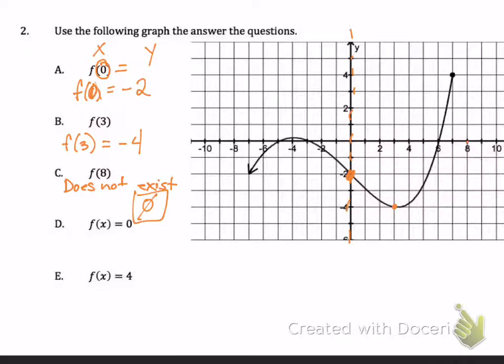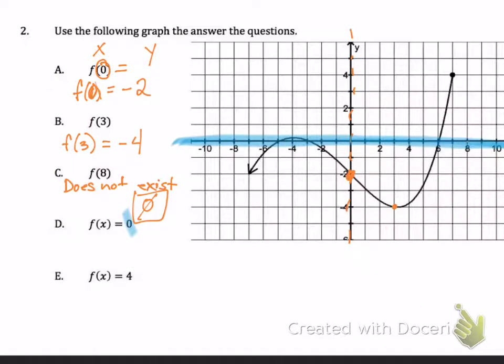And so then for D and E, now it's giving you the y value and it wants you to find the x value. So this 0 right here is my y. It's saying when y equals 0, what does x equal? And I could have several of them. So here is my line y equals 0.